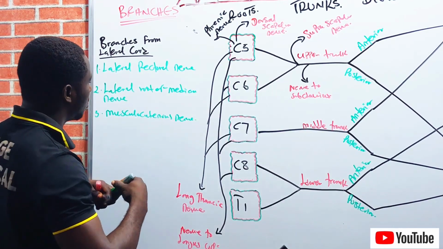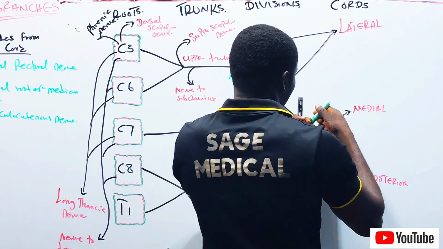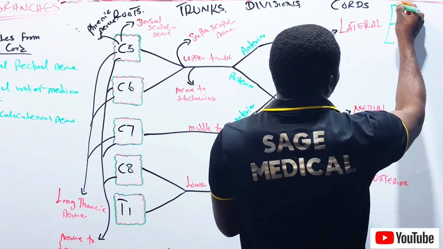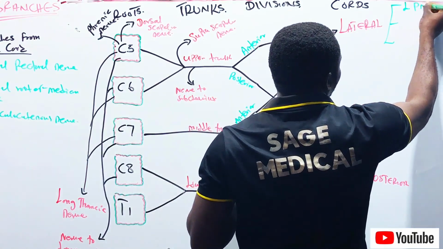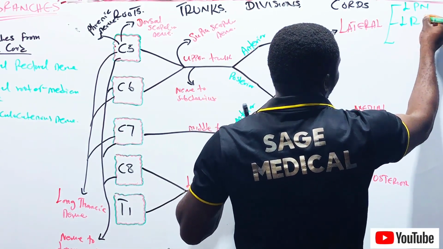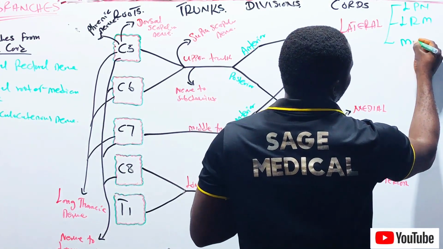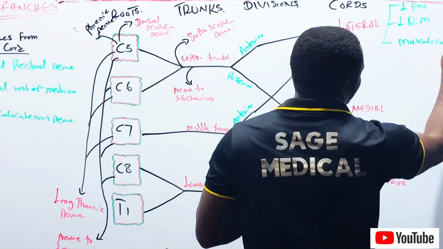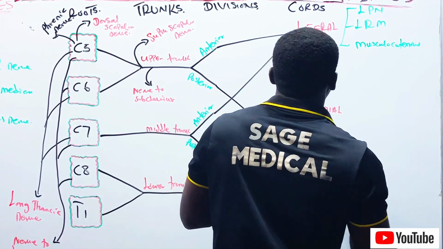So, the lateral cord gives the lateral pectoral nerve, the lateral root of the median nerve, and the musculocutaneous nerve.